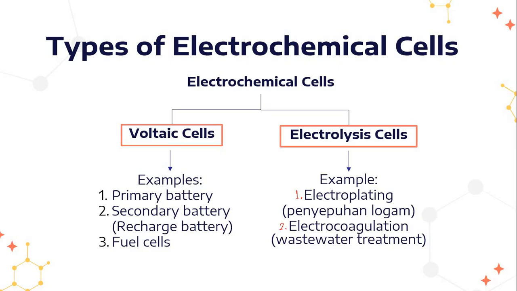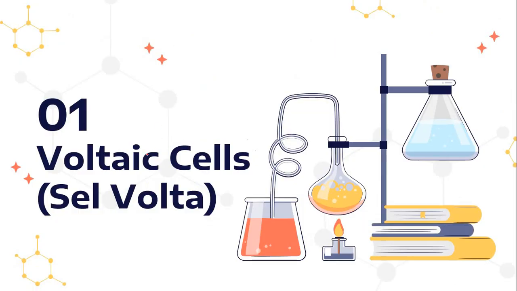But remember, they still relate to the two keywords that you have to know about electrochemical cells, namely chemical reactions and the second one, electric current, or electric energy. So I will discuss voltaic cells first. Voltaic cells in Indonesia we call sel volta.